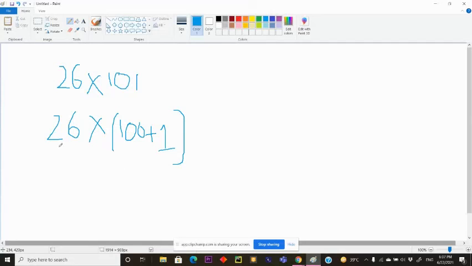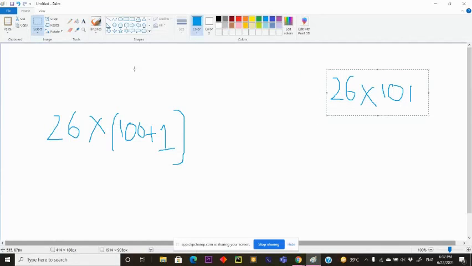So now how to do this? First, we are going to multiply this 26 by 100 and then 26 by 1, and then we are going to add both the products.